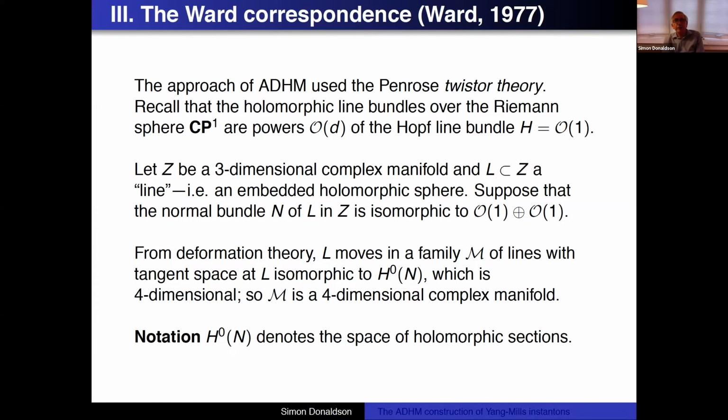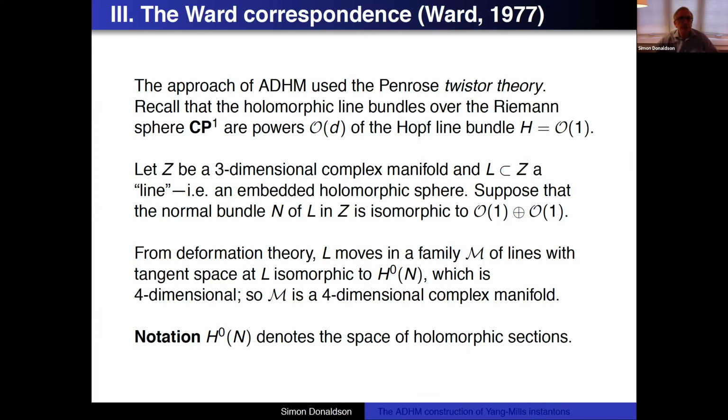It's called the Penrose Twistor theory. This Twistor theory, in general, relates objects of interest in mathematical physics and differential geometry to complex geometry on another space. So we will need some language and basic ideas from complex geometry.